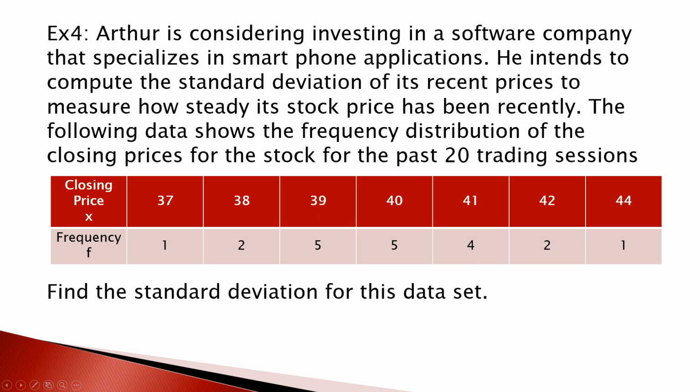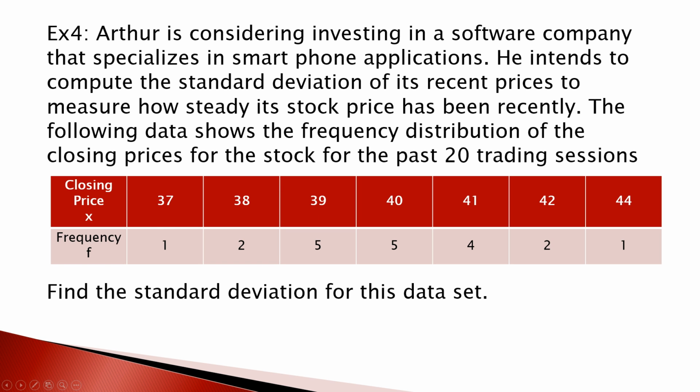For example, when we look at these past 20 trading sessions, that means there are 20. Okay, so that means this sum should be 20. So in one case, the closing price was 37, and there were two cases where the closing price is 38, and etc. Okay, and for example, we experience 45 times.